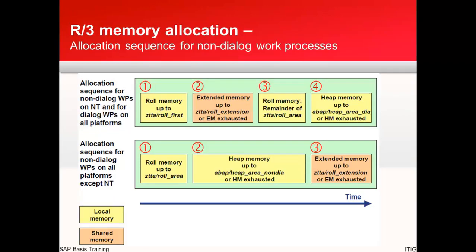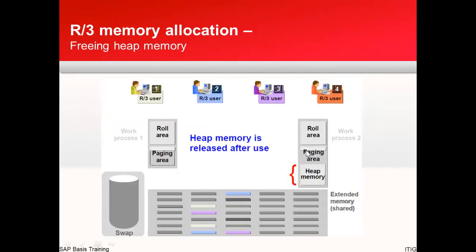Okay, now the next thing is R3 memory allocation for non-dialog work processes. The allocation sequence for non-dialog work processes on NT and dialog work processes on all platforms is this sequence. Then the allocation sequence for non-dialog work processes on all platforms except NT is this sequence.